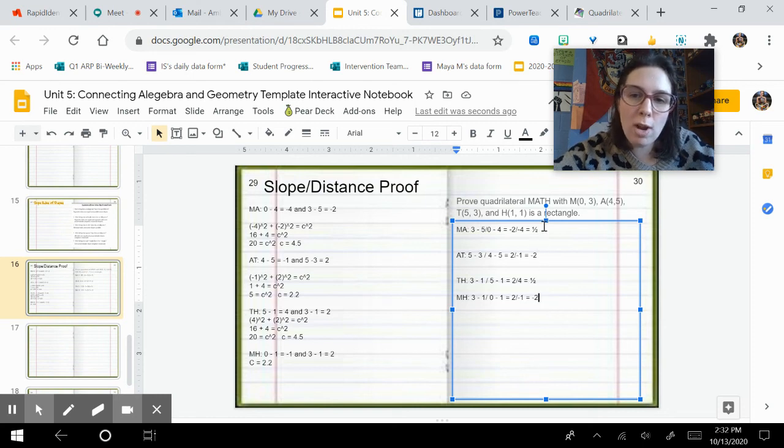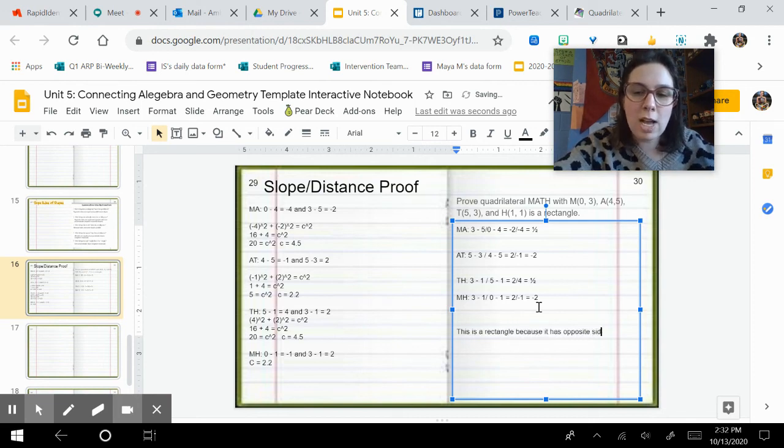So 1/2 to negative 2 is opposite reciprocal, negative 2 to 1/2 is opposite reciprocal, then 1/2 to negative 2 is opposite reciprocal. So this is a rectangle because opposite sides are equal and adjacent sides have perpendicular slopes, which means 90 degrees.